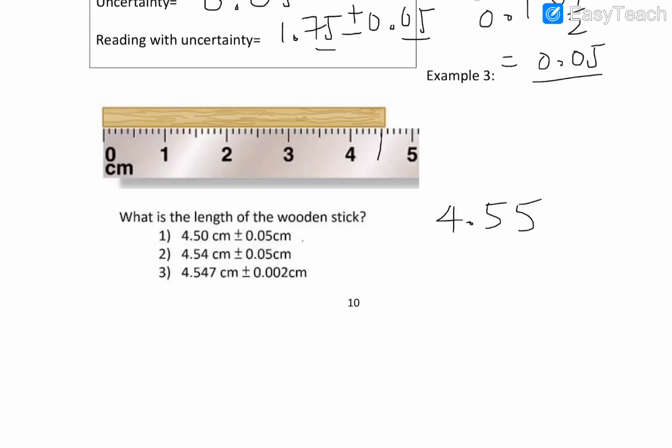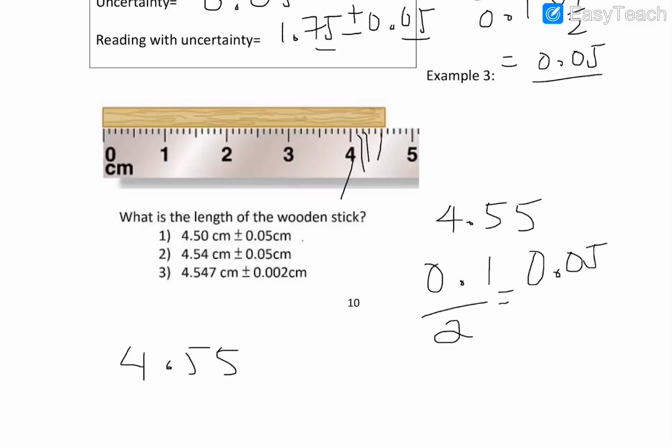Now, when I'm measuring, the smallest reading is 0.1, because that's 4.1, 4.2, etc. Divided by 2, half of it, 0.05. Normally I would say that the length is 4.55 plus minus 0.05.